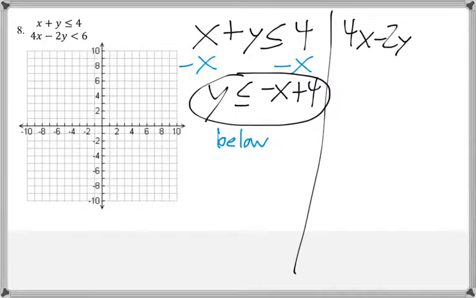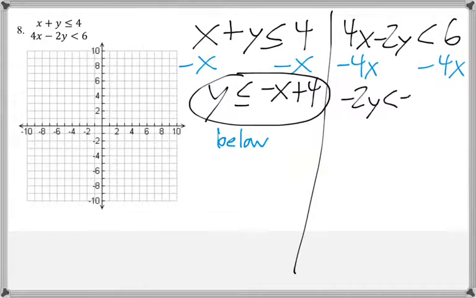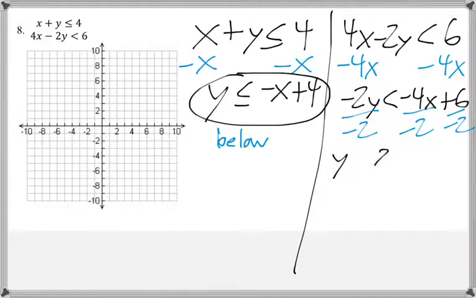4x minus 2y is less than 6 is our second inequality. I want to subtract 4x from both sides. Then I want to divide both sides by negative 2. So we get y, positive 2x, and negative 3.